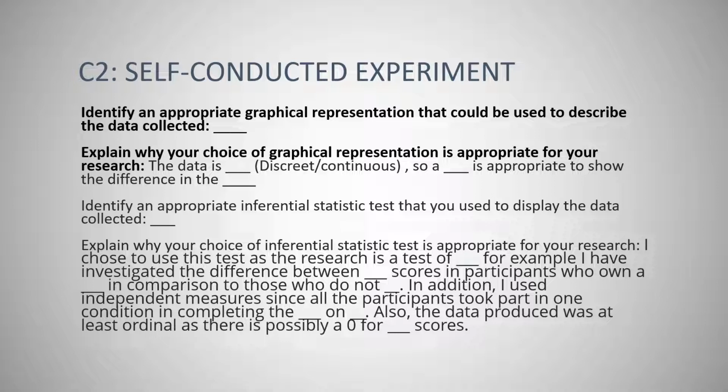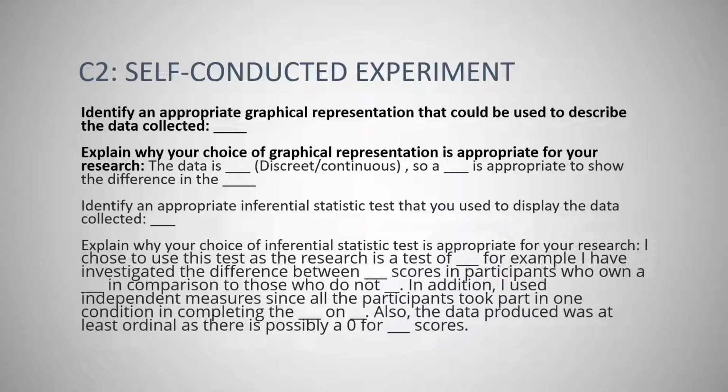I chose to use this test as the research is a test of difference, for example, I have investigated the difference between something scores in participants who own a pet in comparison to those who did not. In addition, I used the independent measures research design since all of the participants took part in one condition by completing the questionnaire on pet ownership.